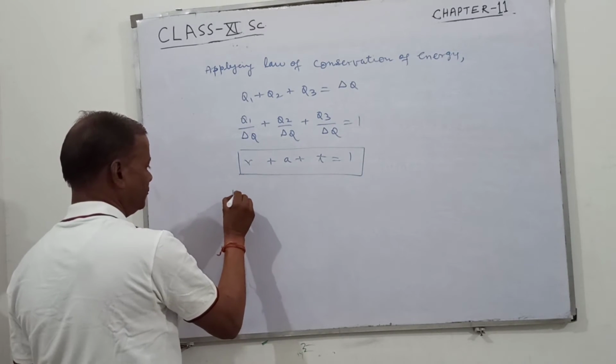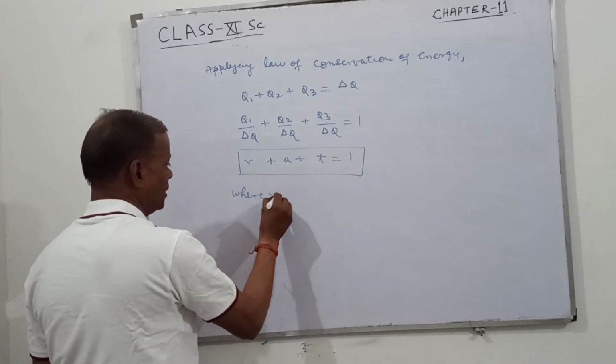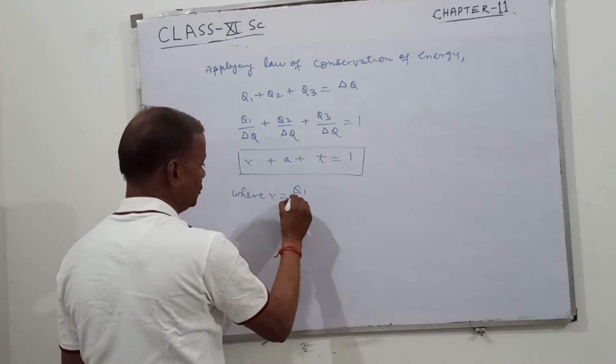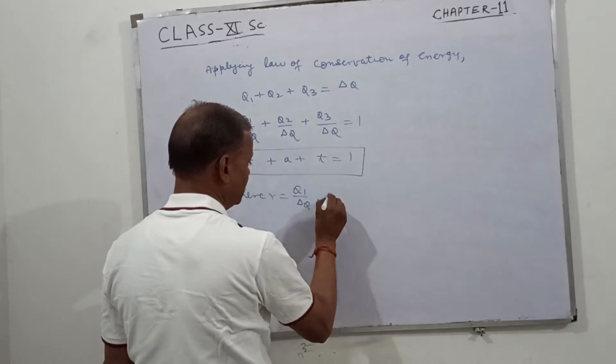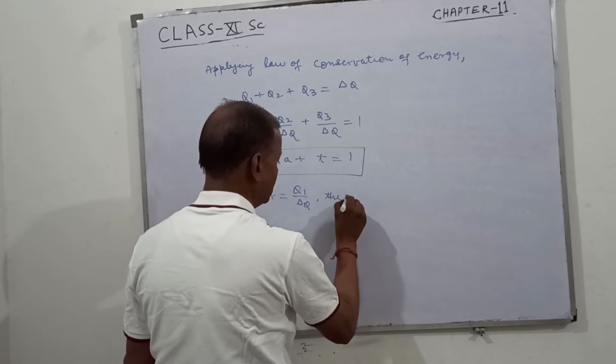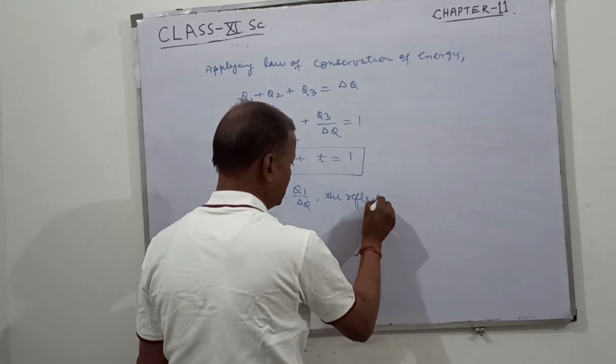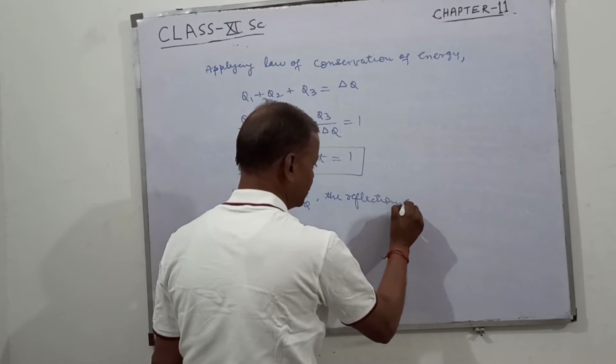Where R equals Q1 upon delta Q, the reflection coefficient.